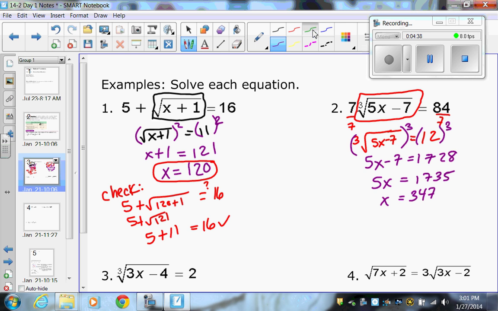Before I say that's my answer, I'm going to check it. I'm going to go back to the original problem. 7 times the cubic root of 5 times 347 minus 7. Does that equal 84? So 7 times the cubic root of 5 times 347 is 1735 minus 7.